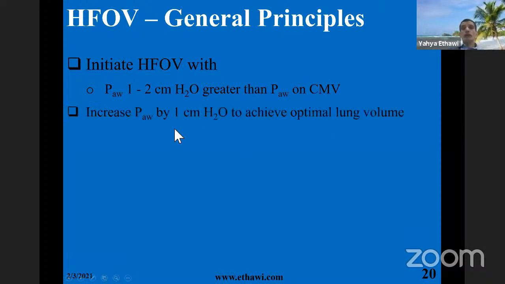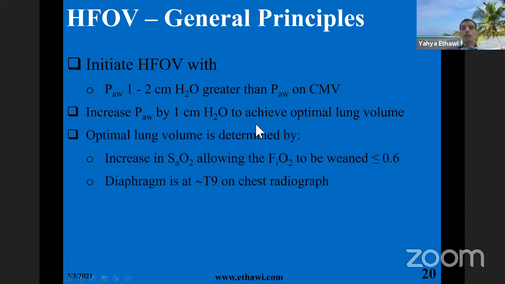Then we increase the mean airway pressure by 1 centimeter to achieve optimal lung volume. Optimal lung volume we determine by increased saturation and dropping FiO2. And we can also assess it by chest X-ray or even lung ultrasound.